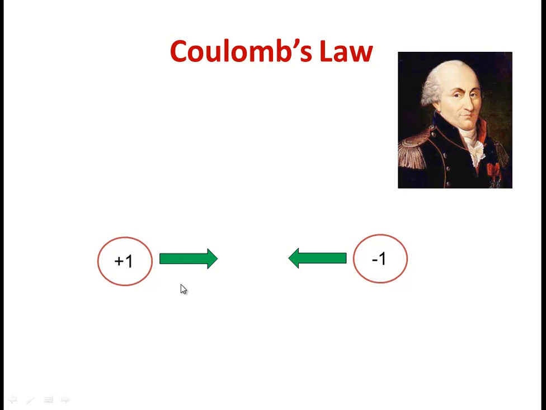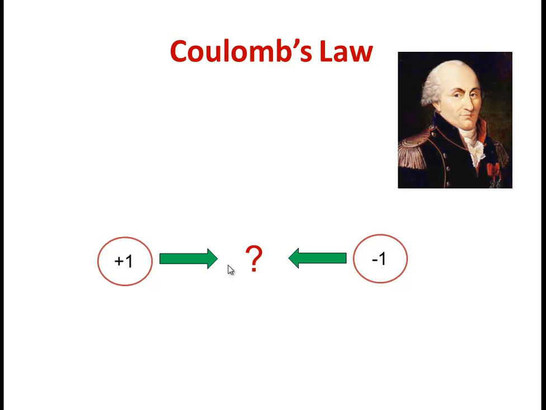You know the saying, opposite charges attract. So these two charges would be feeling forces of attraction to each other. They're drawn to each other. Conversely, if we had two positive charges or two negative charges, they would repel each other. But for this example, we're going to talk about a case where they have opposite charges.